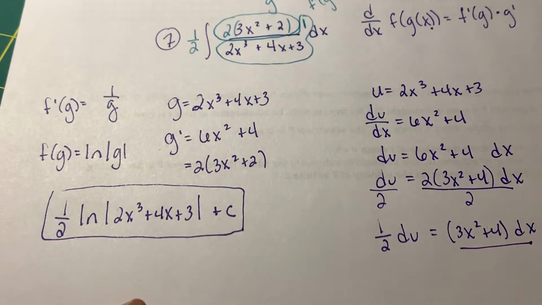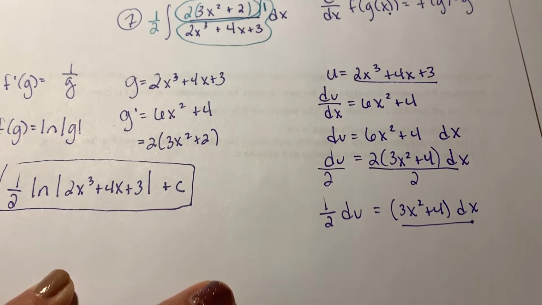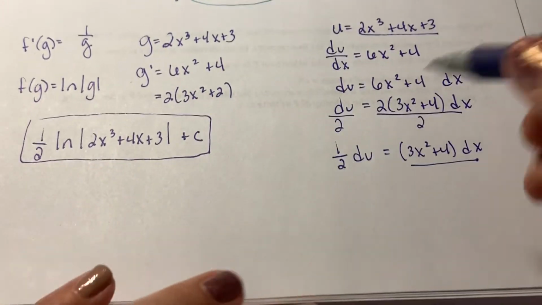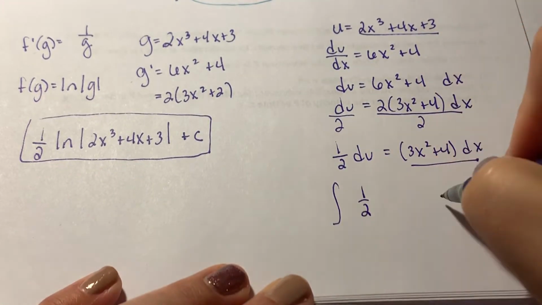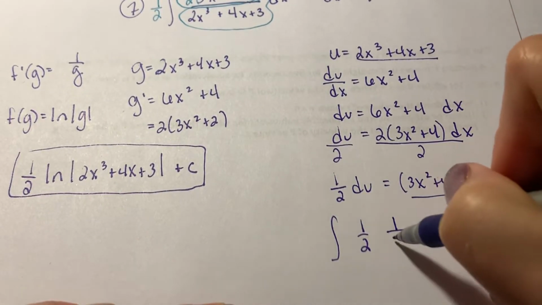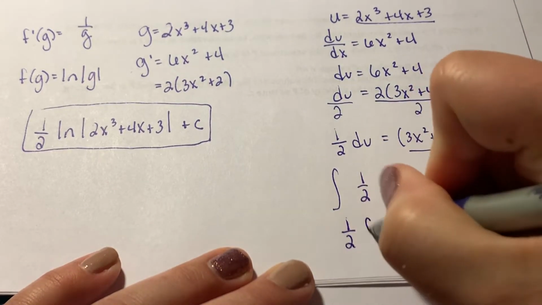So now this is exactly what was in the question, and this is exactly what was in the question, and so we're going to replace that piece with 1/2 du. So now my integral would be 1/2 du, and then from the u part, it was 1 over that. And so I'm going to pull the coefficient out.